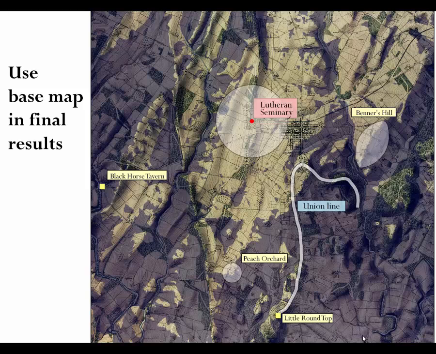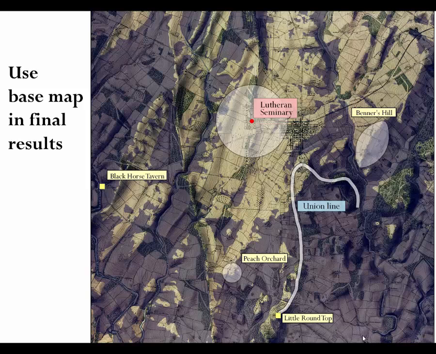We used those contours to run what's called viewshed analysis to estimate what Civil War commanders could and could not see from certain points on the battlefield. Here we have our estimate of what Lee could have seen and what he couldn't have seen from the top of the Lutheran Seminary, the invisible areas in indigo, the visible areas where the map shows through.